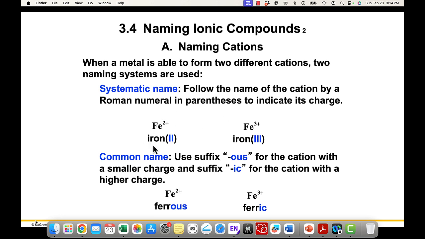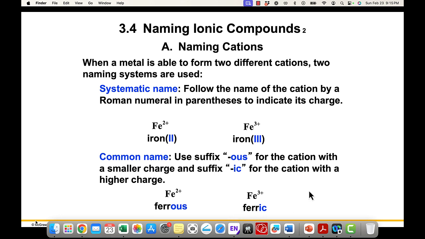When it has a lower charge, a common name can replace that with an OUS ending for the suffix, and for the higher charge cation, in this case iron 3, you would use an IC ending. So iron 2 is also called ferrous, and iron 3 is called ferric.